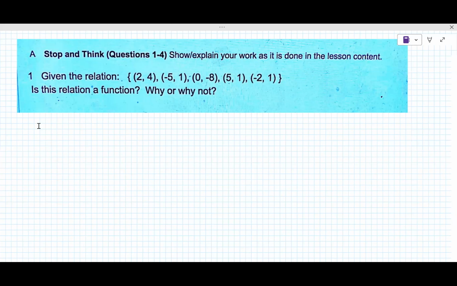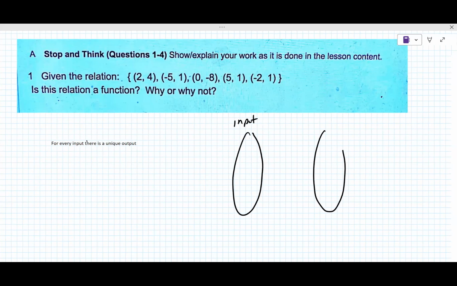So I have to give you just a tiny bit of background on this before we can do it. A function is the following: for every input, there is a unique output. What that means is that if you imagine this represents your input, and this represents your output, and let's say this is your input A, what if A went to 2 different values?